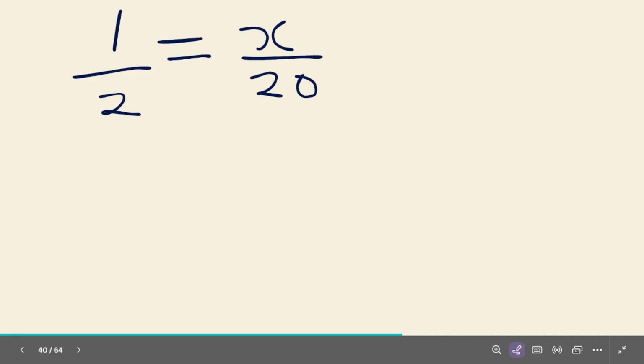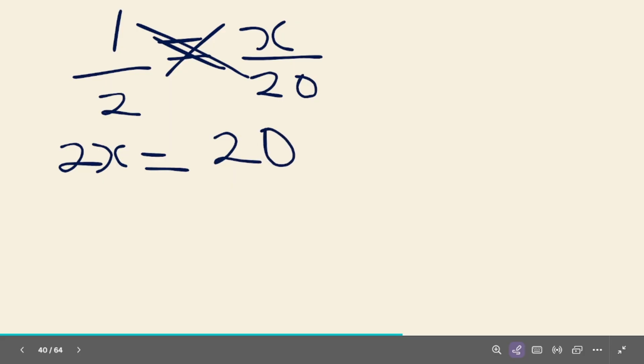So of course you cross multiply like in the first case. So here is going to be 2 times x. 2x is equal to 20 times 1, 20. So the coefficient, or the number written with x, you have to do away with it. And the only way you can do that is by dividing both sides by that number. So the number is 2. So you divide both sides by 2, so that these 2 cancel these 2.